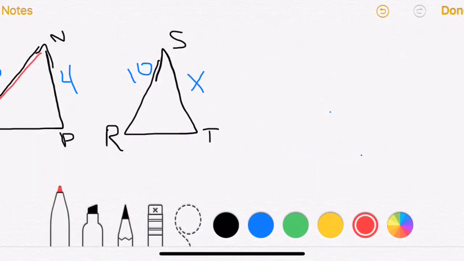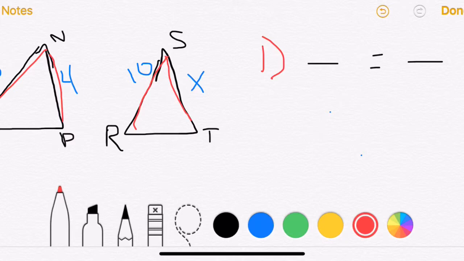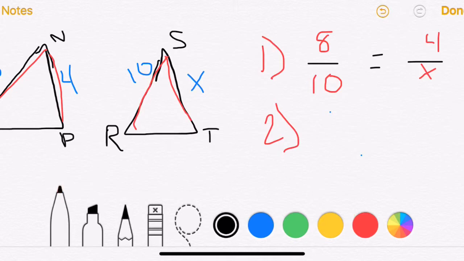The first example states that segment MN relates to NP and segment RS relates to segment ST. So we're going to take both segments to begin with and put them here. So 8 over 10 equals 4 over X. That's the first proportion.